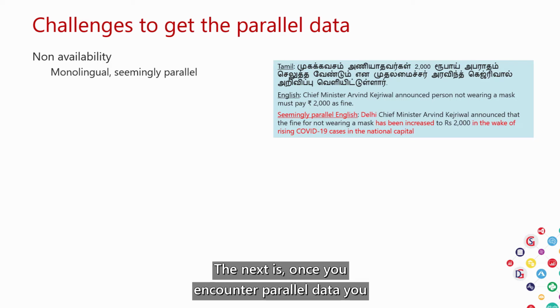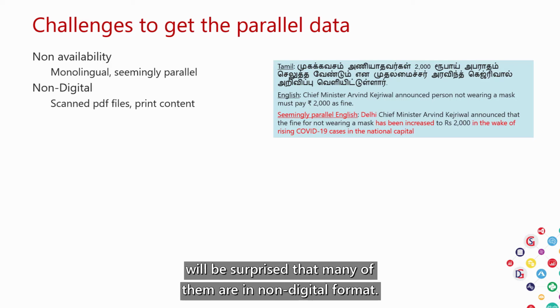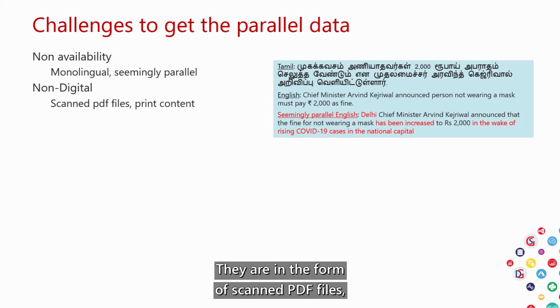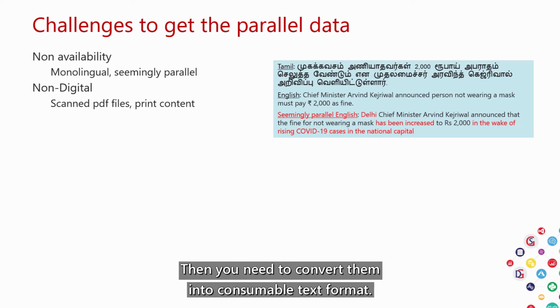The next is, once you encounter parallel data, you'll be surprised that many of them are in non-digital format. They are in the form of scanned PDF files, print media versions, stuff like that, and then you need to convert them into consumable text format.